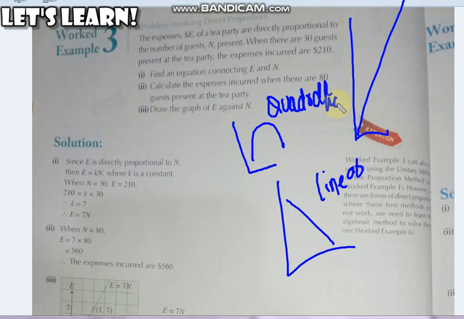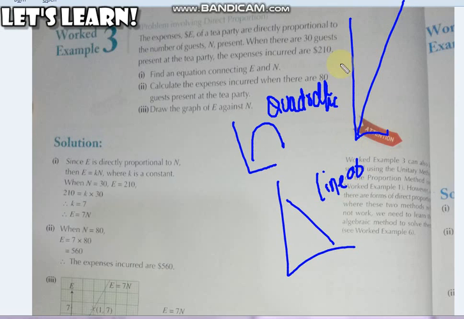We know that direct proportion is that when one thing increases, the other thing also increases. If you look at this graph, what does the graph tell you? This is my x-axis and this is the y-axis. As the x-axis is increasing, the y-axis is also increasing. So that's why we're getting a straight line.